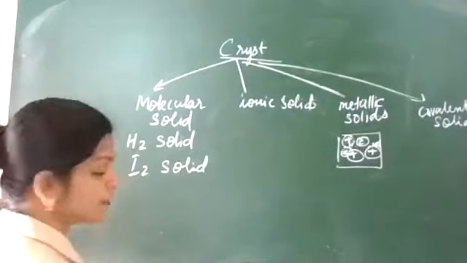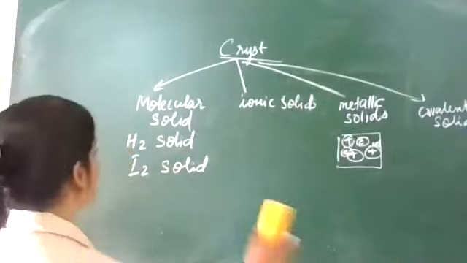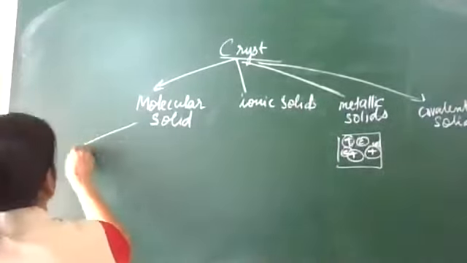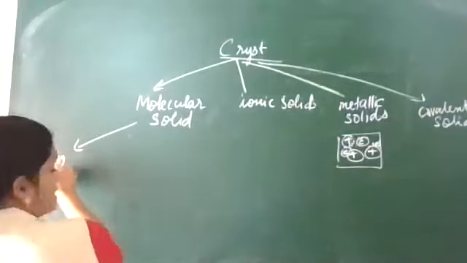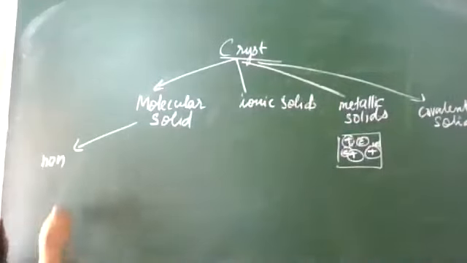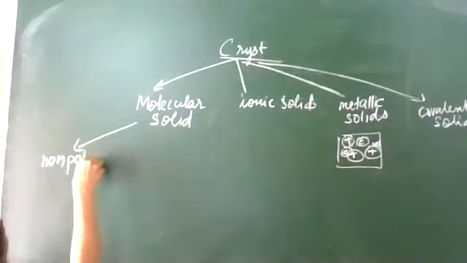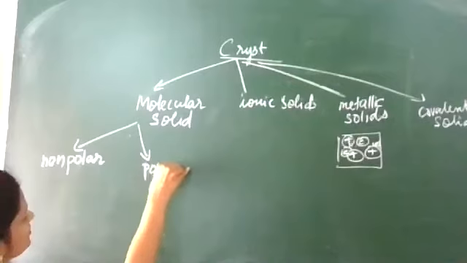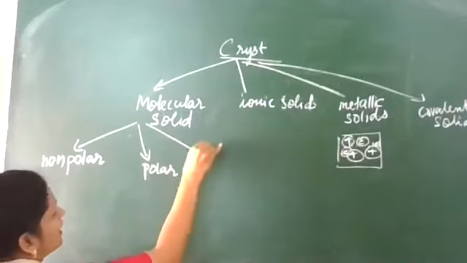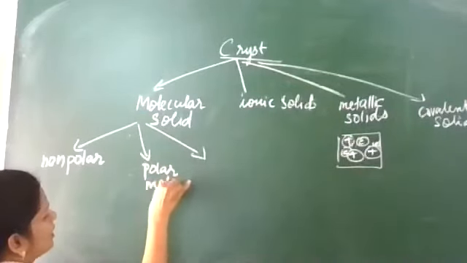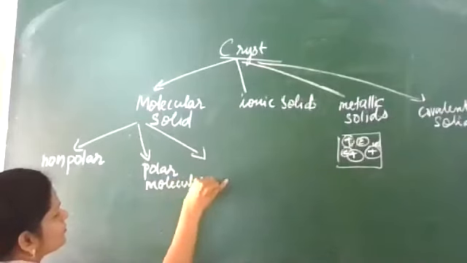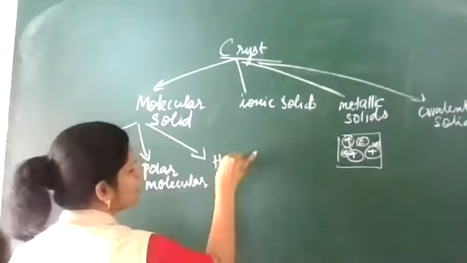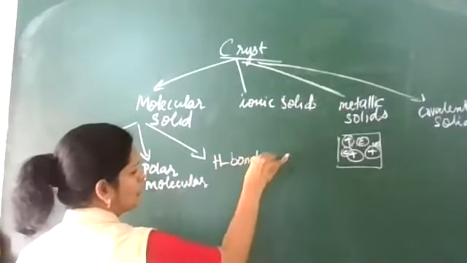So molecular solids are again classified into different categories: non-polar molecular solids, polar molecular solids, and hydrogen bonded molecular solids.